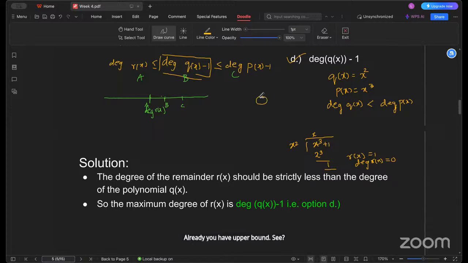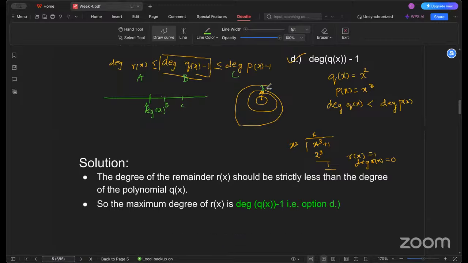See, you are in a situation like this. Let us say you are somewhere here. So what is the maximum value you can reach? Already you know that you cannot go beyond this point. And your degree of p of x is lying somewhere here.